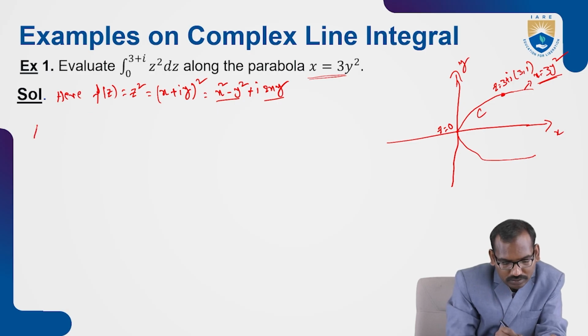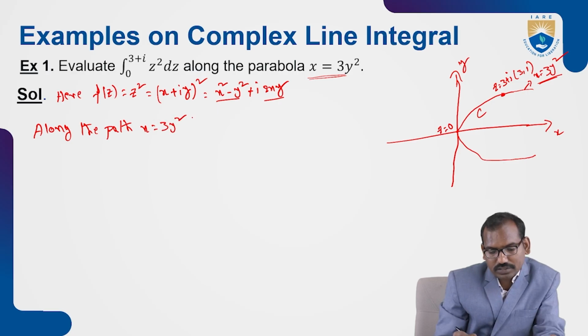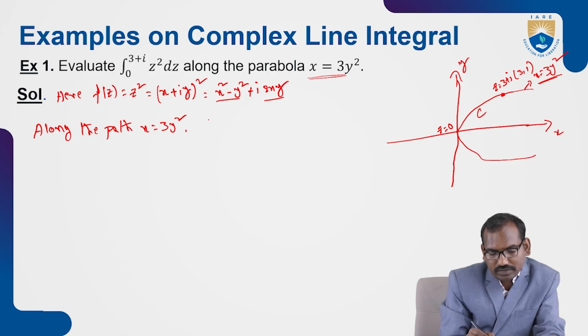Now, along the path, which path is given to us? The path is given as x is equal to 3 times y square. If we have this relation, then we can apply derivative on both sides. The derivative is required to calculate dz.